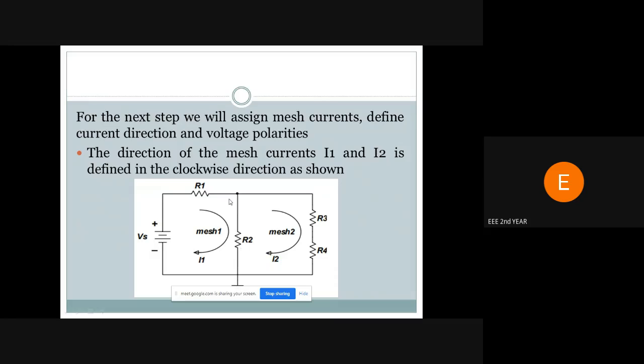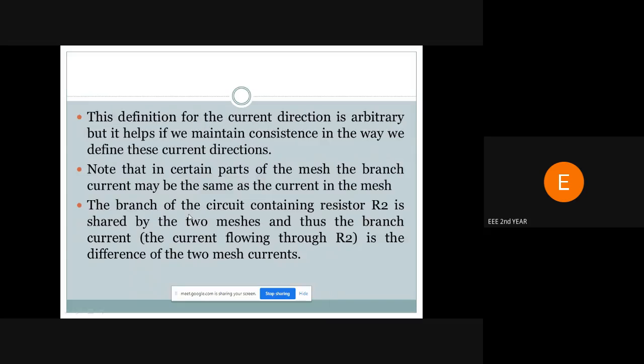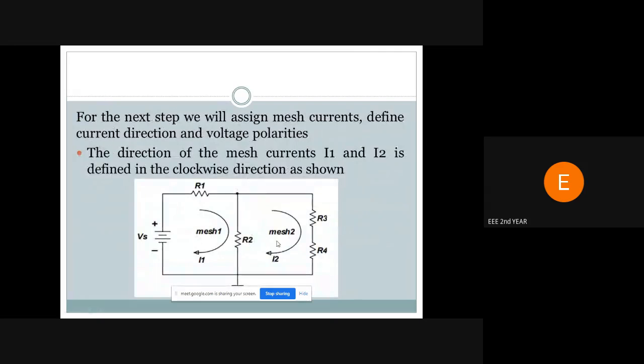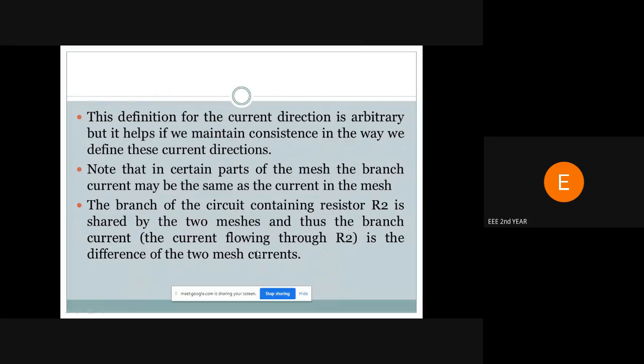One current is I1, which is flowing from top to bottom, and another current is I2, which is flowing from bottom to top, right? So both currents will be flowing in opposite directions. So the branch containing resistor R2 is shared by the two mesh currents, one is I1 and another I2, right?